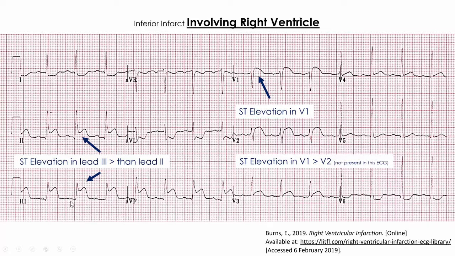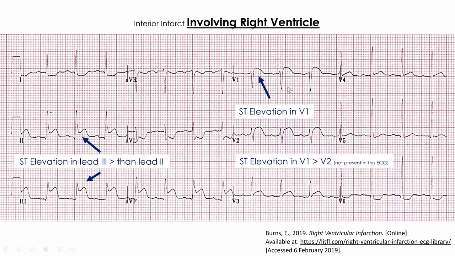So if there's more ST segment elevation in lead 3, then you suspect that the right ventricle is involved in this infarct. By the same token, V1 and V2 also look at the heart from different angles, with V1 being more on the right. So if there's more ST segment elevation in V1 than there is in V2, then you suspect right ventricular involvement.